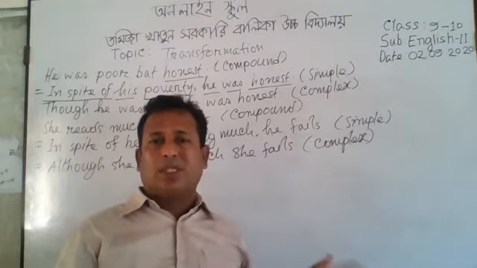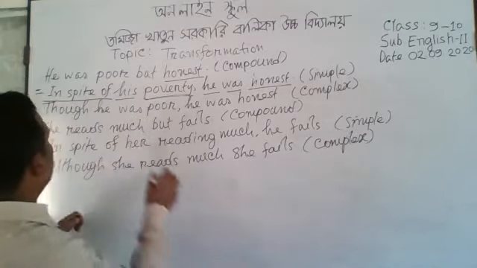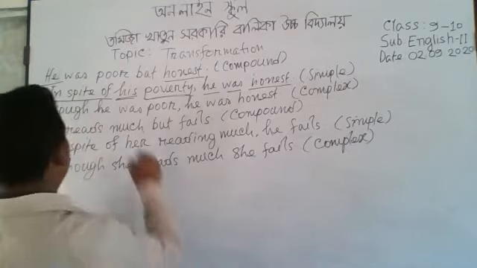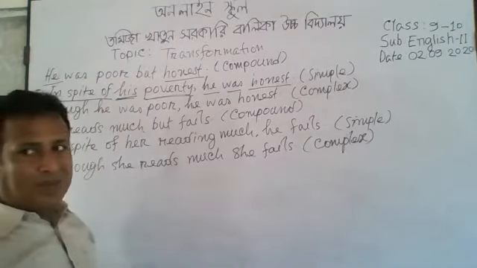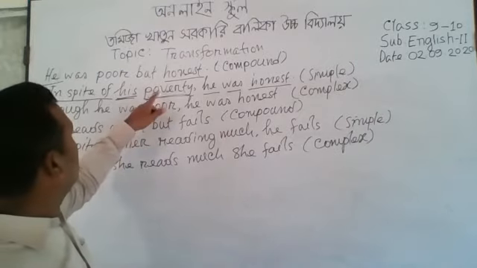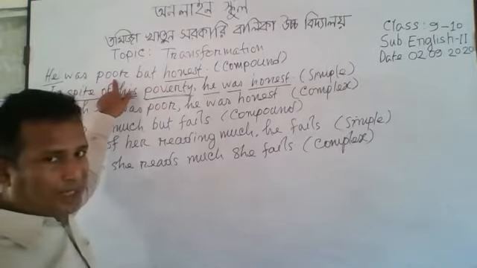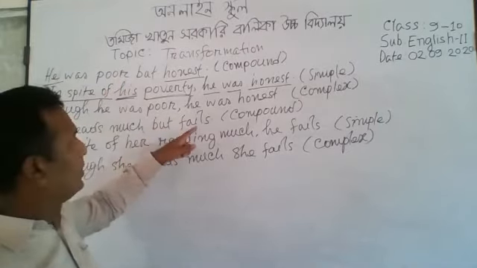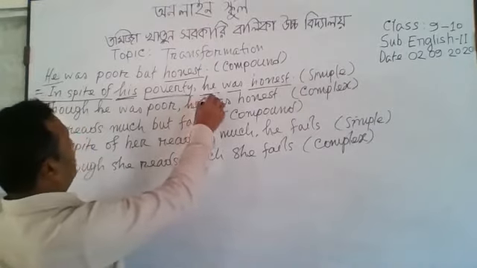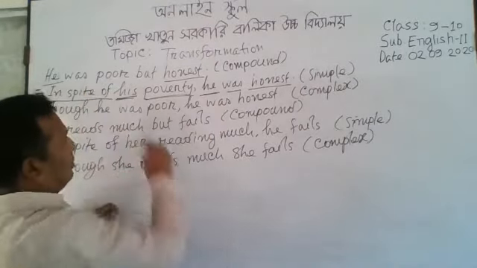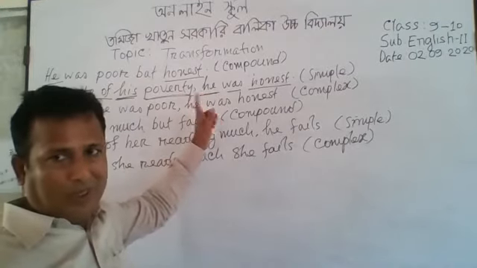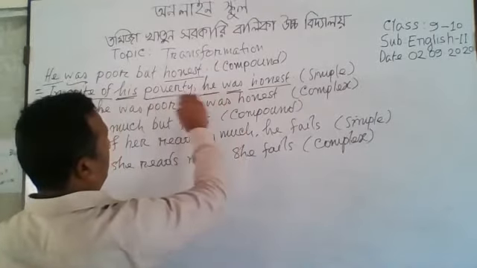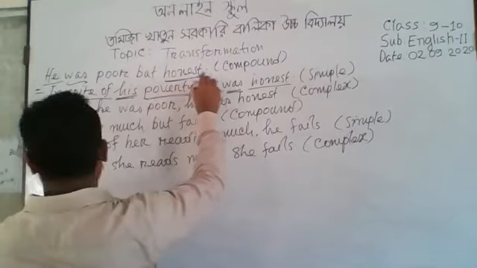I will use in spite of and the possessive of the subject, then change the adjective to a noun, poverty, comma, then the pronoun of the subject, the same verb, and the clause after but.